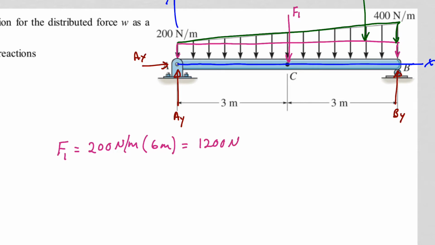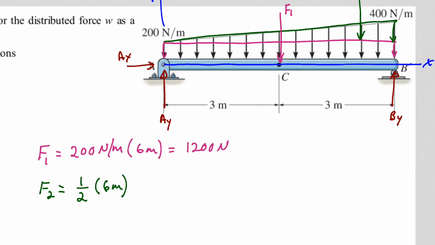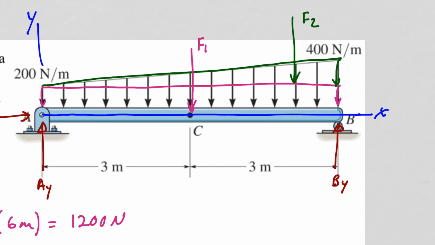Then for F2, our green one, it is a triangle. And the area of a triangle is 1/2 base times height. And our base is, again, 6 meters. Now the height we need to be careful of. The height for this is this distance here.